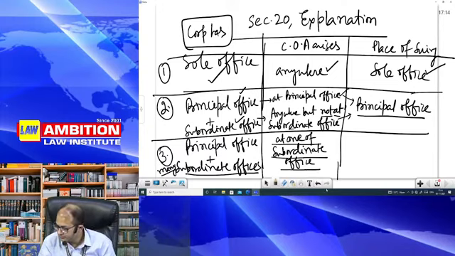So always you raise objection at the earliest possible opportunity. This is number one. Plus consequent failure of justice.